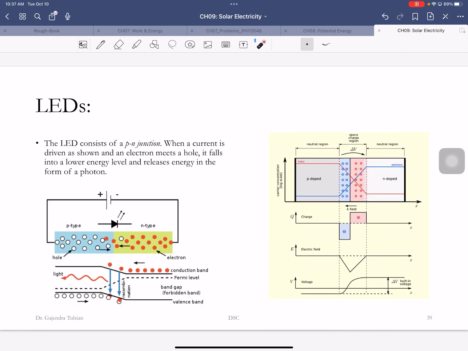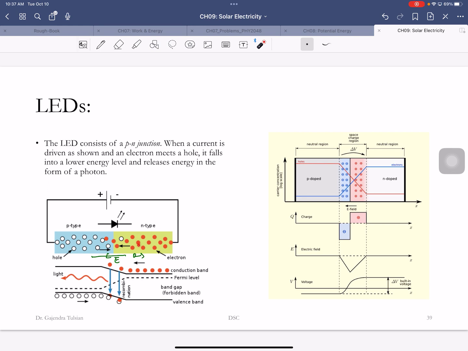So here is an LED. Again, it's a p-n junction. Here are the holes. Here are the electrons. Remember, the electric field was pointing in this direction, and the electron wants to travel in this direction.